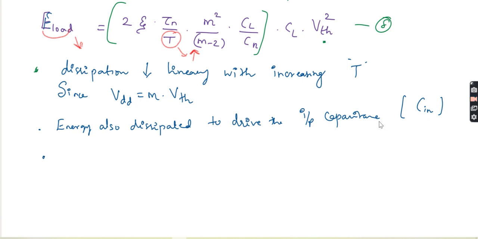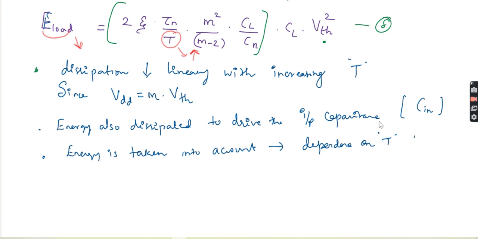Now if the energy is taken into account, the dependence on T and VDD is affected. So this is about the on resistance and the energy.